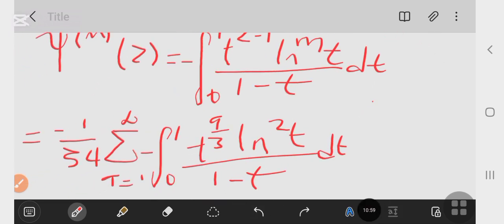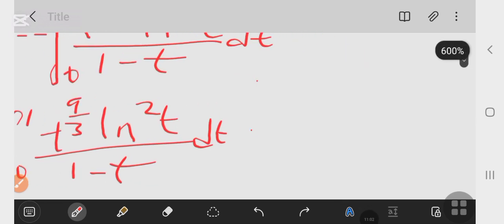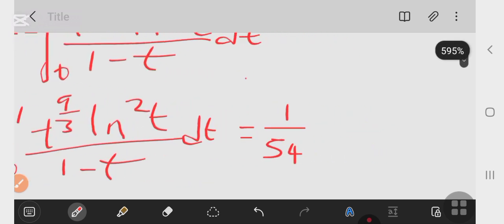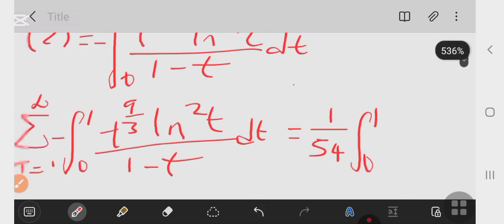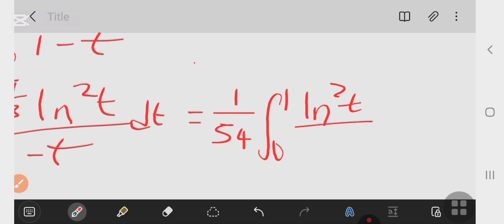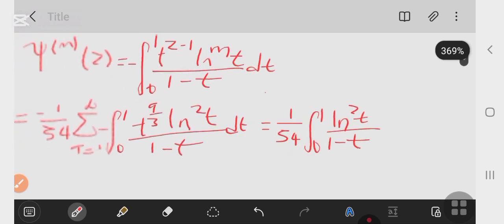I now have 1 over 54, then extracting my integral sign from 0 to 1. Then what else here? ln square t, since these things have no relation with a, there's no reason why they should be inside the sum.